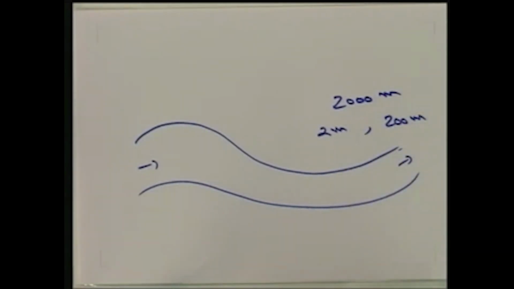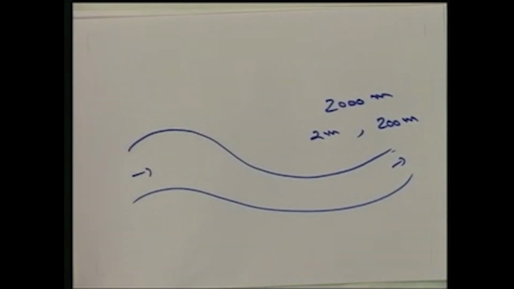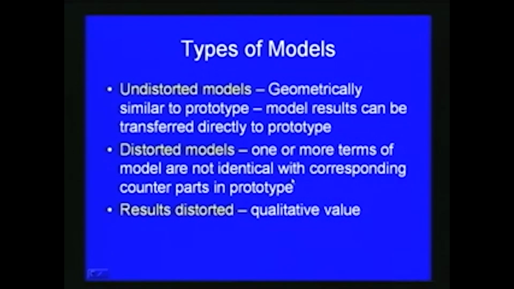If you use the same scale for length, breadth and depth, whatever we get will be very difficult to interpret and the modeling will be difficult. So, there we use distorted models. Here one or more terms of the model are not identical with the corresponding counterparts in the prototype.